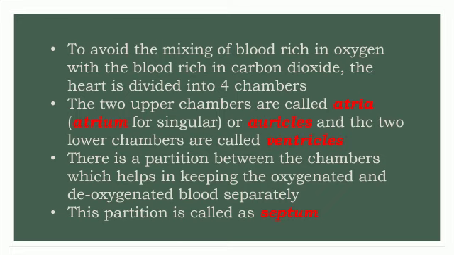There is a partition between the chambers which helps in keeping the oxygenated blood and the deoxygenated blood separate. Here children, oxygenated blood means the blood which is rich in oxygen, and deoxygenated blood means the blood which is rich in carbon dioxide. This partition is called septum.